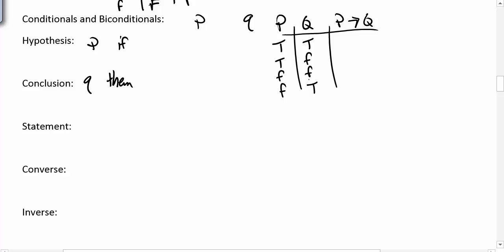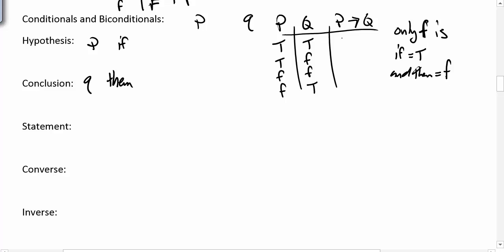Okay, so we define the truth value for a conditional statement that it's only false if, this makes sense, the if statement is true and the then is false. Okay, so the only situation that the conditional truth value is ever false is if we see a P of T and a Q of F. That's one way to think of it.